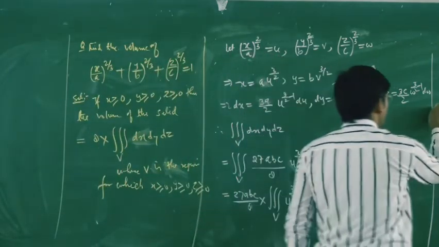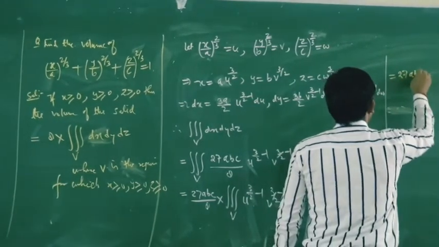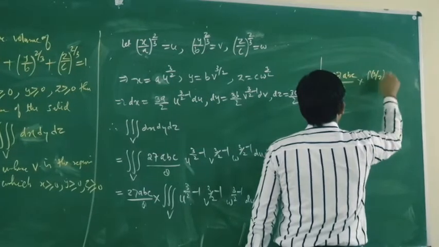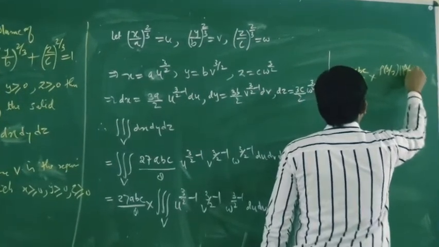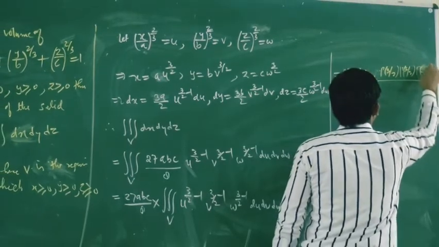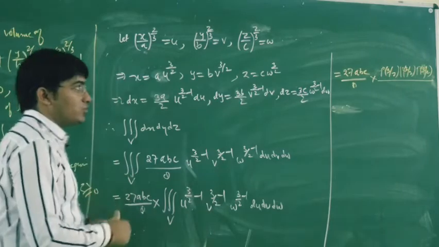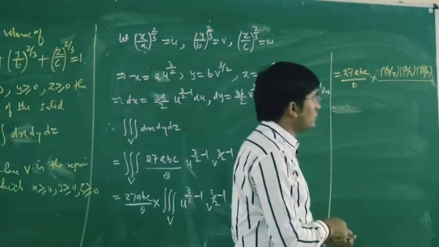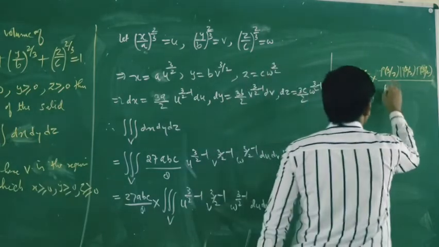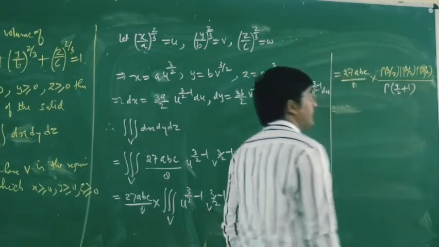So this is equal to 27abc upon 8 multiplied by gamma 3 by 2 into gamma 3 by 2 into gamma 3 by 2 divided by gamma of L plus M plus N plus 1. So we will have 3 by 2 plus 3 by 2 plus 3 by 2, that means 9 by 2, plus 1, so this is 11 by 2.